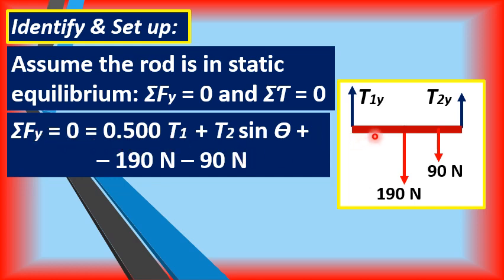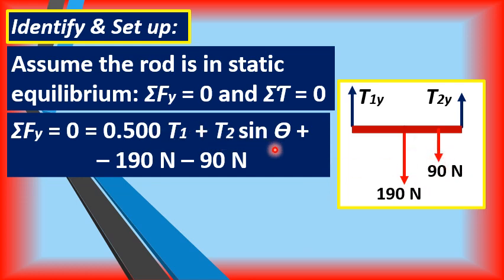So T sub 1y is expressed as 0.500 T1, while T sub 2y is the same as T sub 2 sine theta. And the downward forces are negative 190 newtons because it is directed downwards, as well as negative 90 newtons, which is also directed downward.